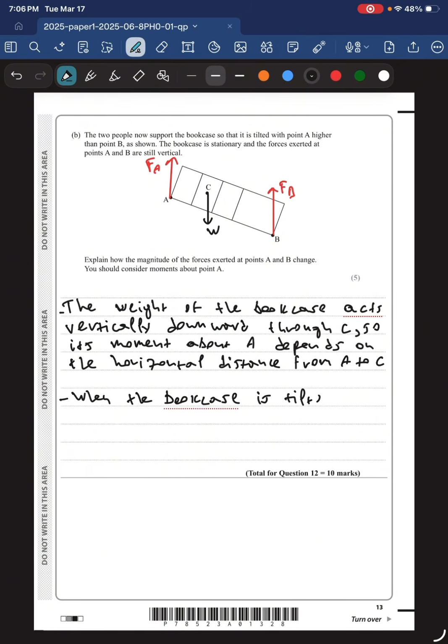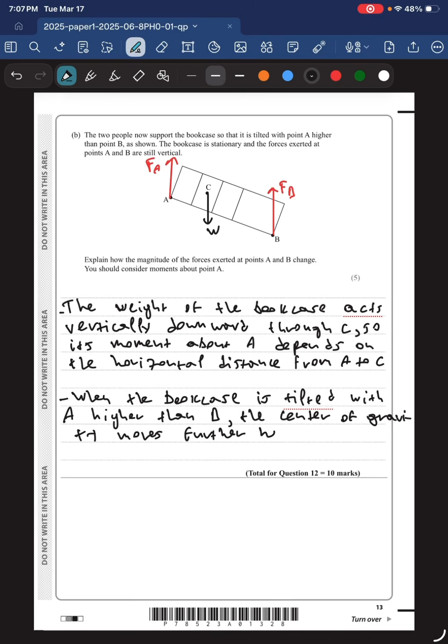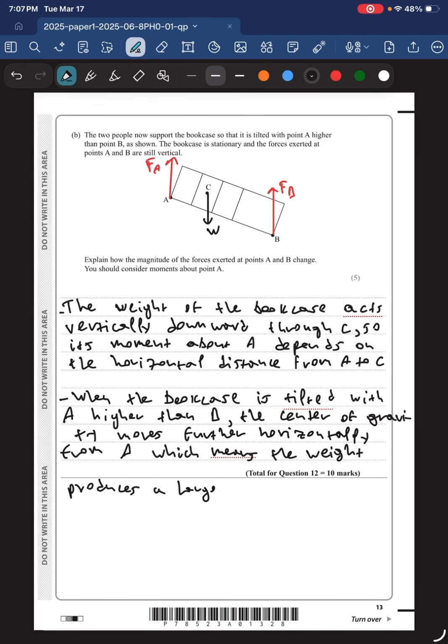Okay, when the bookcase is tilted with A higher than B, the center of gravity moves further horizontally from A, which means the weight produces a larger clockwise moment about A, okay?